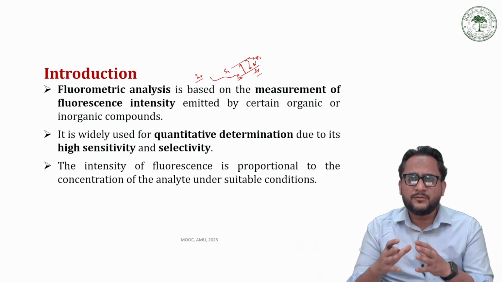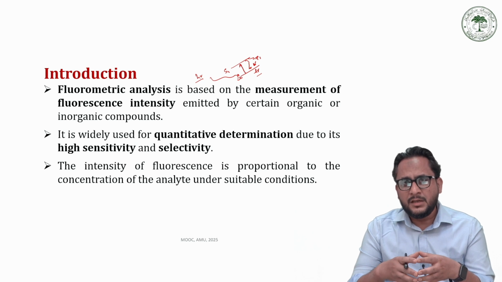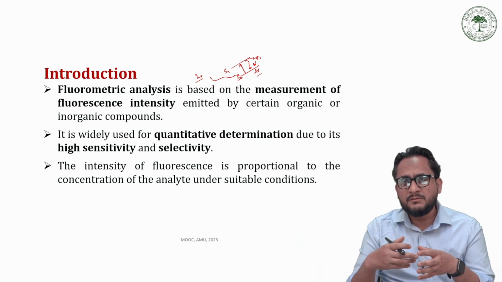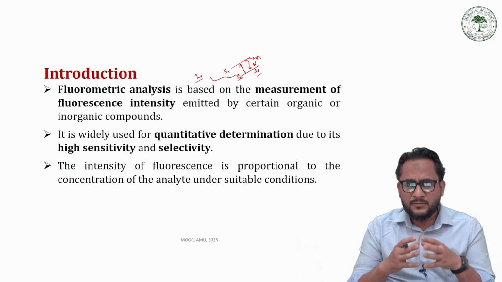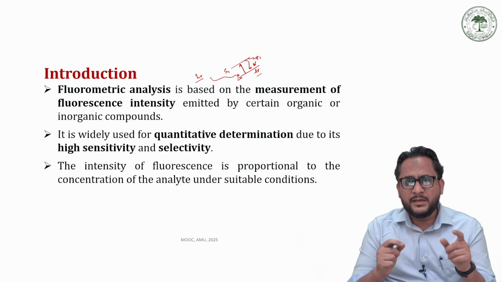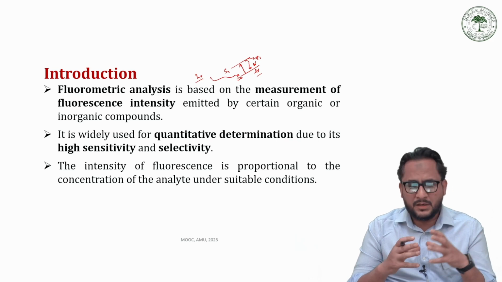Both fluorescence and phosphorescence come under the category of molecular luminescence, and both are quite specific. Phosphorescence is even more specific than fluorescence. But fluorescence is widely used in chemical analysis, in biological samples, in the medical sciences, and in environmental monitoring.